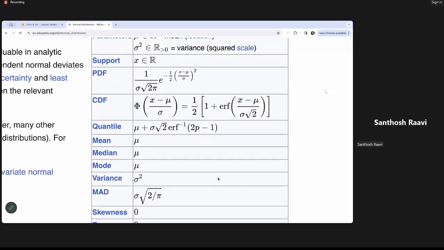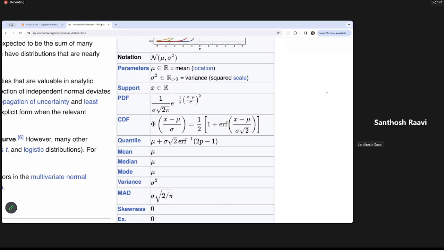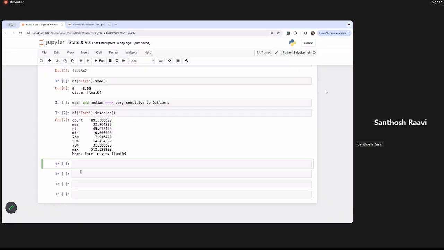Why we are discussing normal distribution is that, by default, all the data points, whenever you do some survey for collecting data, all the data points in nature will follow normal distribution.